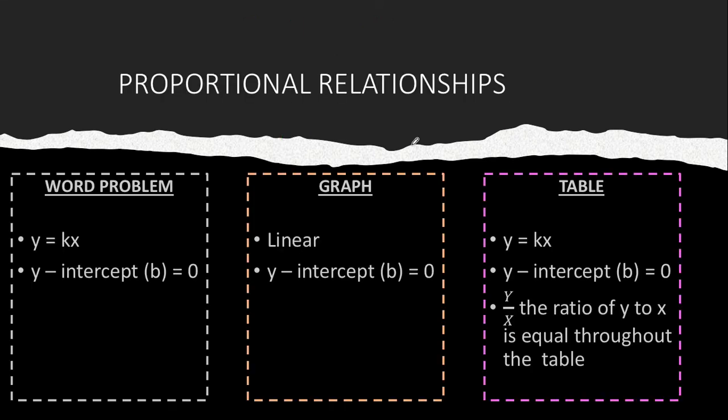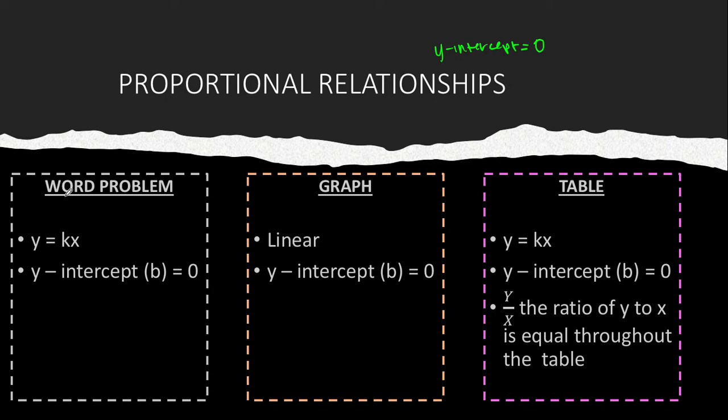So, this was a quick review from last class. Proportional relationships. For something to be proportional, remember the y-intercept equals what? 0. So, for something to be proportional, the y-intercept equals 0. So, in a word problem, if the starting amount is $0, or 0 of anything, then that means the y-intercept is 0.